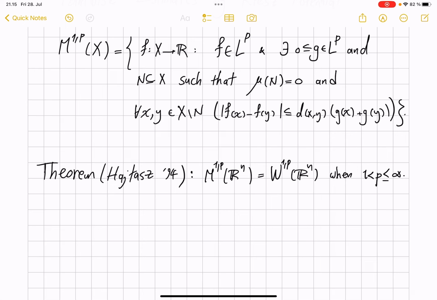The impressive point, of course, is that the definition of M^{1,p} includes no reference to coordinate system, to partial derivatives, or anything Euclidean. And so the definition makes sense in an arbitrary metric measure space.